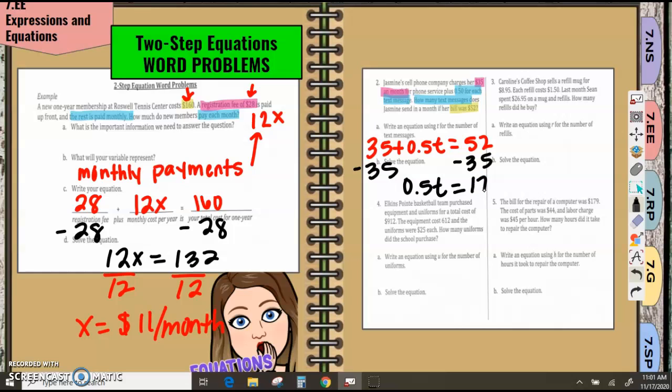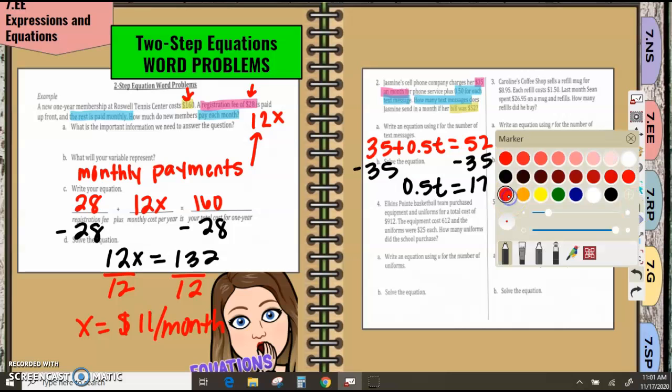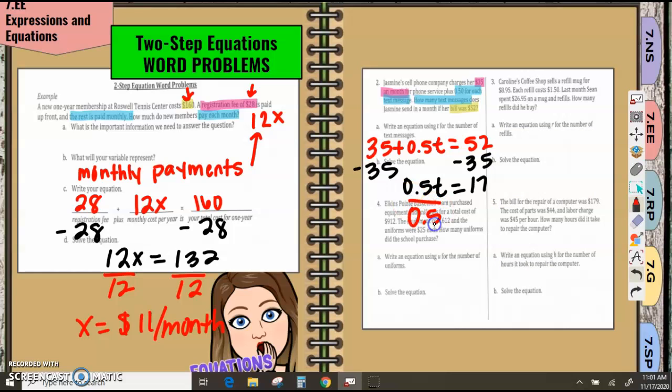Now I'm going to divide by 5/10. And that means that she is sending 34 text messages.